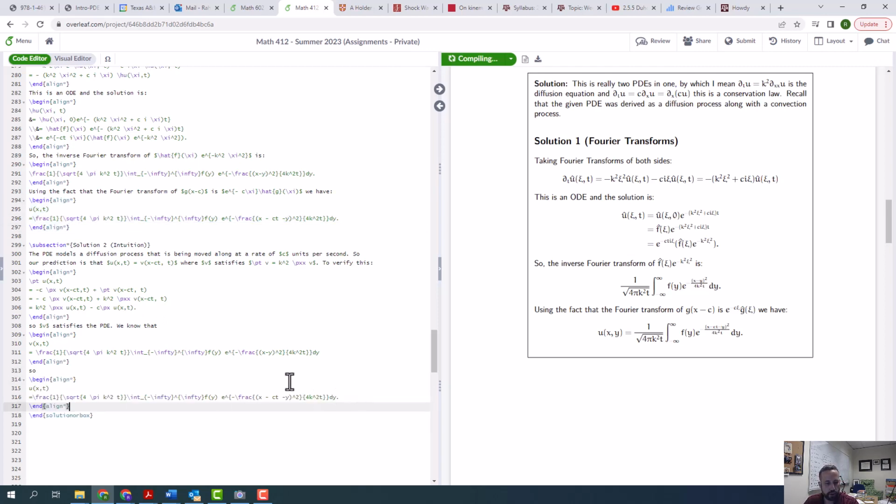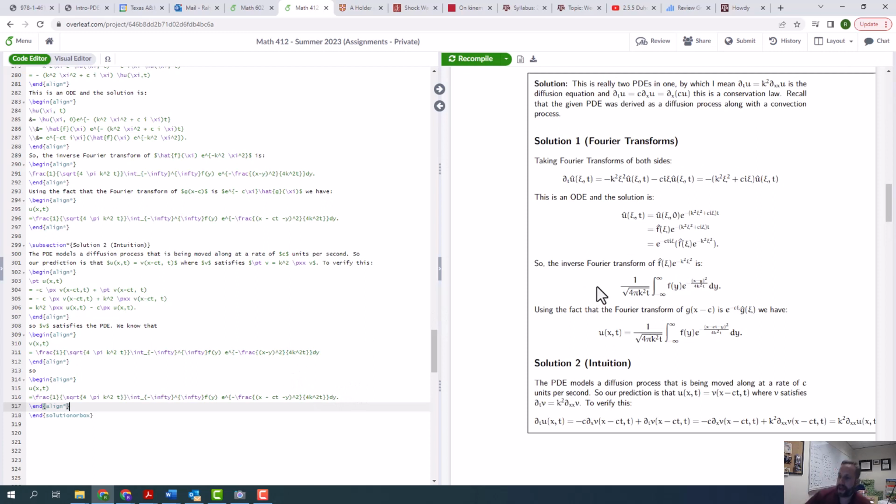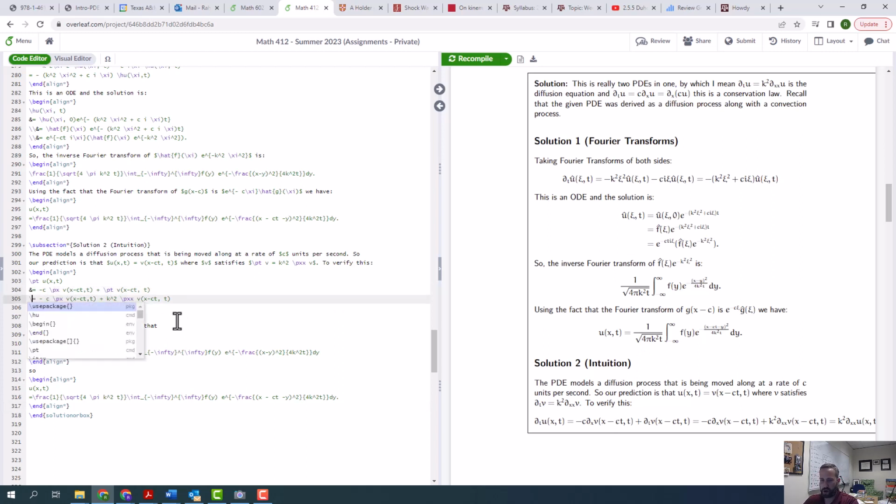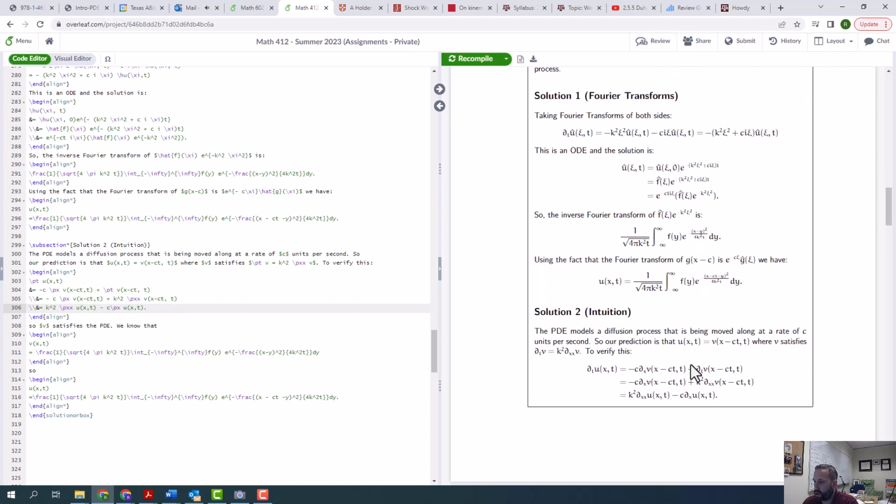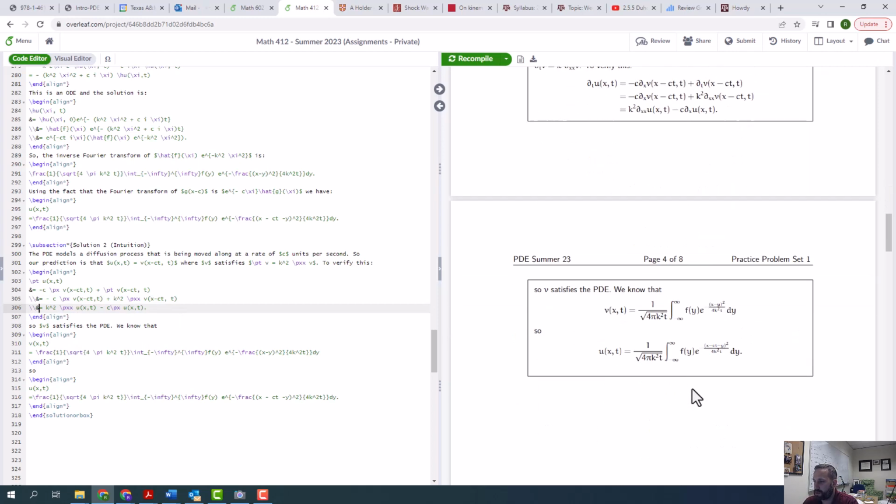Okay. Two ways of thinking about it. One way is kind of an intuitive way of thinking about it. I like that way, but it requires a little bit of thought. And the other one is just doing Fourier transforms. That also requires a little bit of thought. So either way, you're going to have to be thinking about it, which is probably not so surprising. Okay, that's it for this problem.